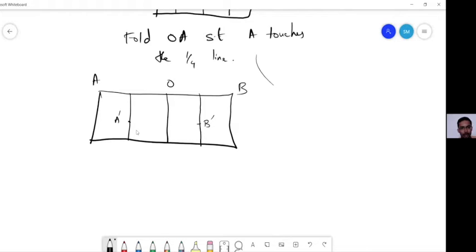Now I concentrated on the OB part, that second half rectangle. Let me name all the points: C, D, E, F, G, H, I. So OBHF. FG is equal to GH.